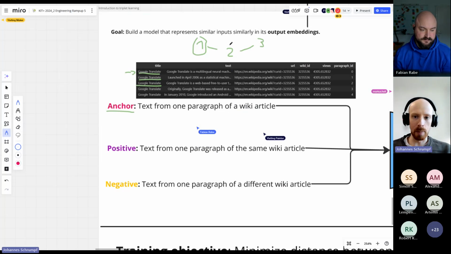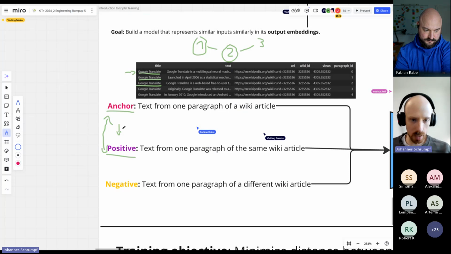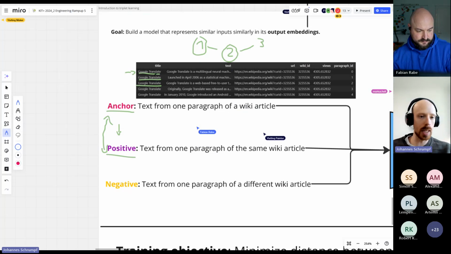Then we select another paragraph as our positive. This is an example where we say, okay, so this positive should be very close to the anchor point. This should be minimized, the distance here. And then we can just pick an arbitrary different paragraph from another article that is not from Google Translate, but it's maybe from some topic in biology or something like this.